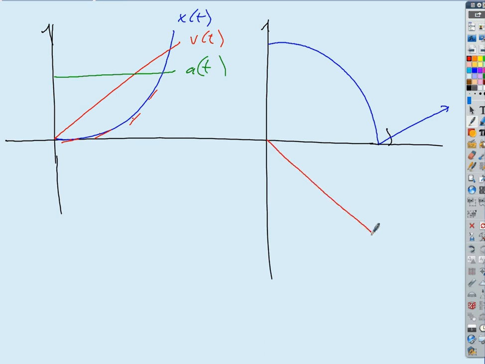Would you agree? Does that make sense? And how come, once again? We've got horizontal tangent lines, so 0 slope, and the tangents are decreasing, right? You're getting increasingly negative, aren't they? Okay, good. So if this is x of t, then this would be v of t.